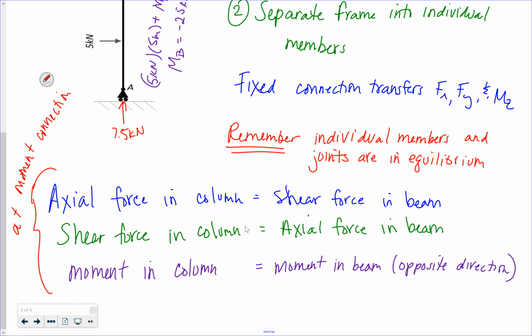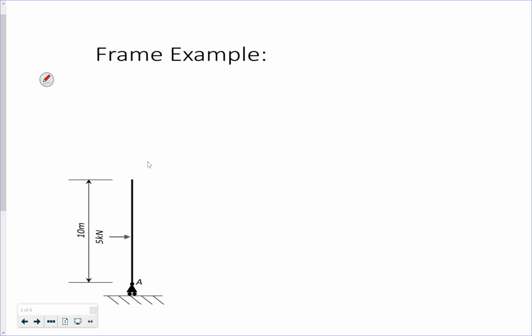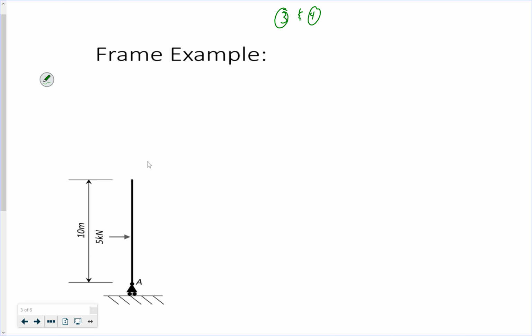Okay. All we've done so far is solve for our support reactions. Now let's actually develop our shear and moment diagrams. So I'm going to look at, right, this is basically steps 3 and 4.